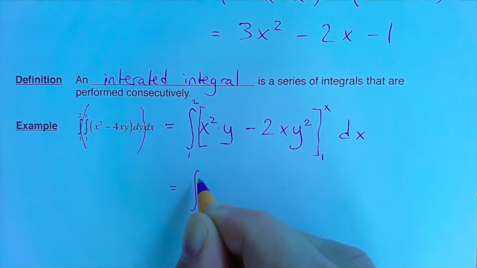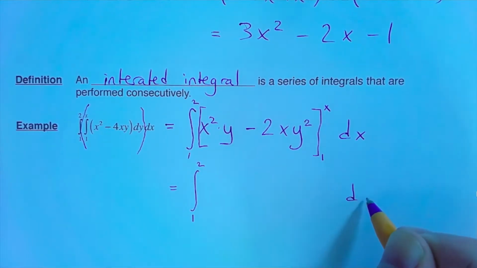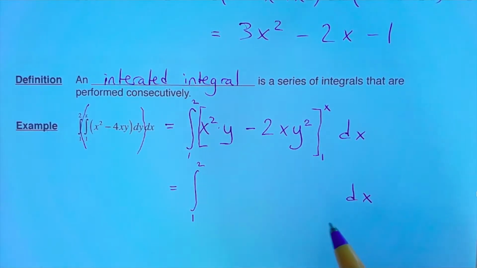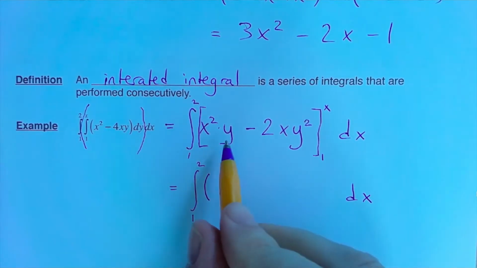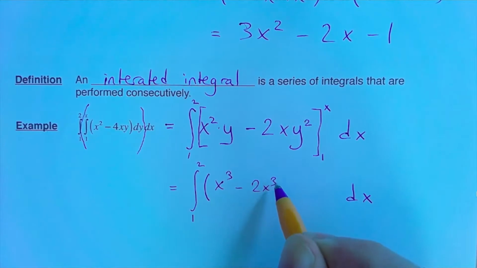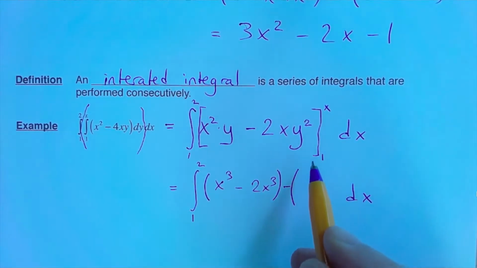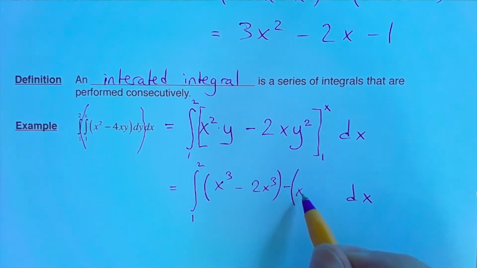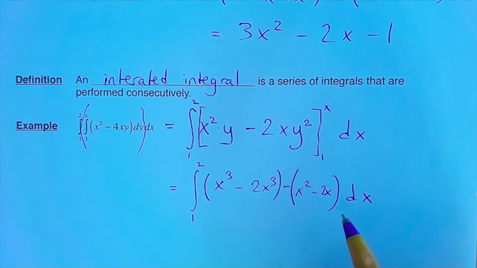So I'll just leave this like that. Substitute x. So y equals x, x cubed minus 2x cubed, and then I substitute y equals 1, so x squared minus 2x.